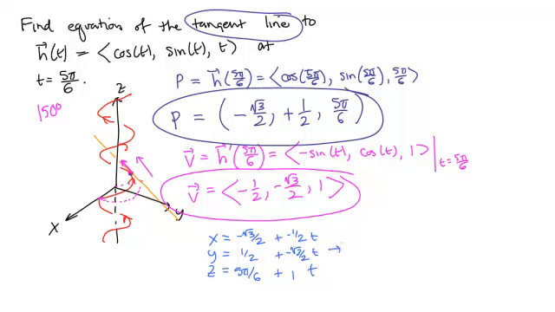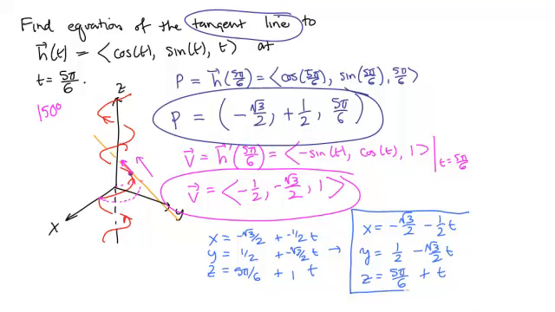That's kind of nasty, so let me clean that up a little bit. We have x is equal to negative root 3 over 2 minus 1/2 t. Y is equal to 1/2 minus root 3 over 2 t. And z is equal to 5 pi over 6 plus t. And there are the parametric equations of the tangent line.